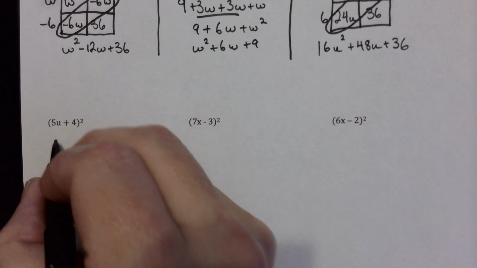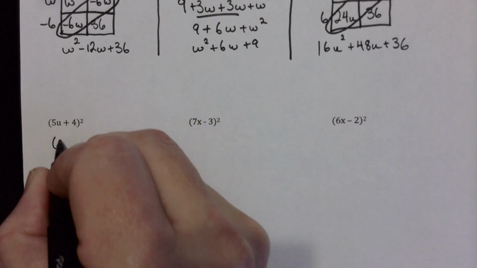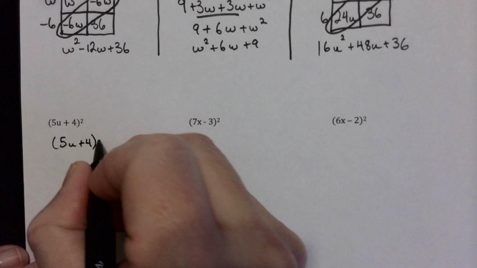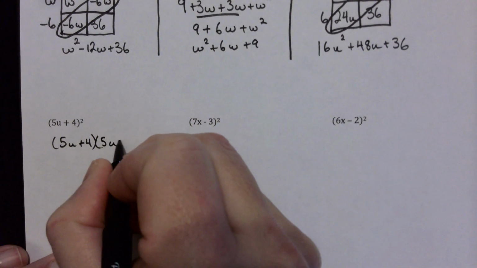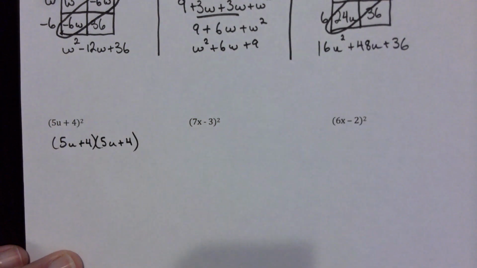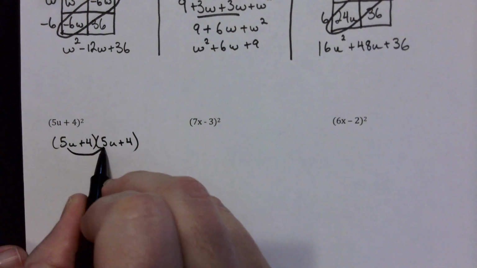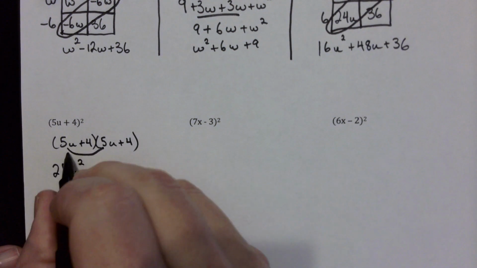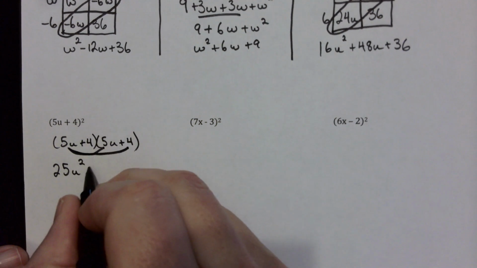Okay. So this one, let's write it out this time. I just want to get all different types of strategies on doing this. On this one, it would be 5u times 5u, which is 25u squared. On this one, it's 5u times 4, which is 20u.